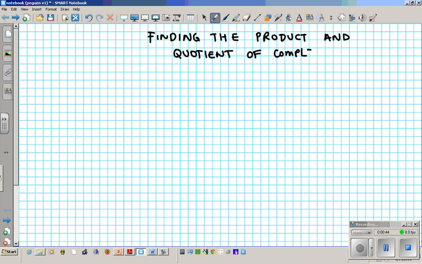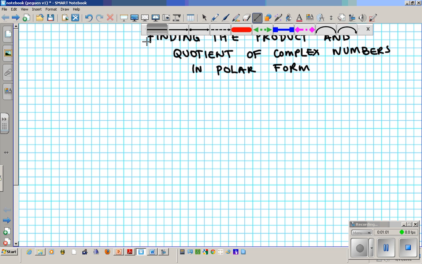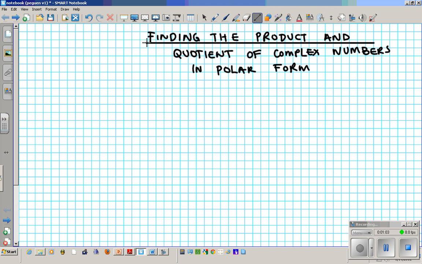Complex numbers in polar form. So that's the title of today's notes. Alright, we're going to start with product and then we'll do quotient after that.